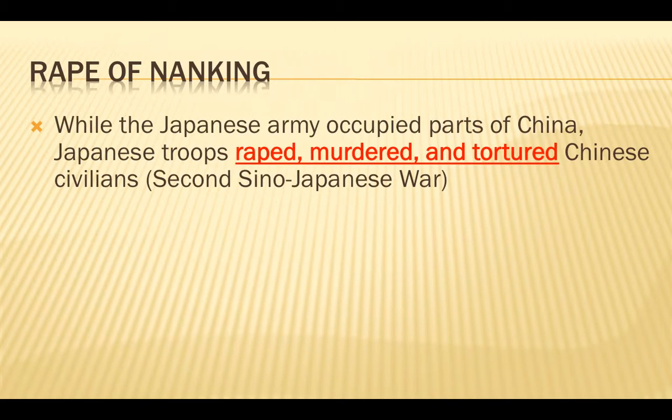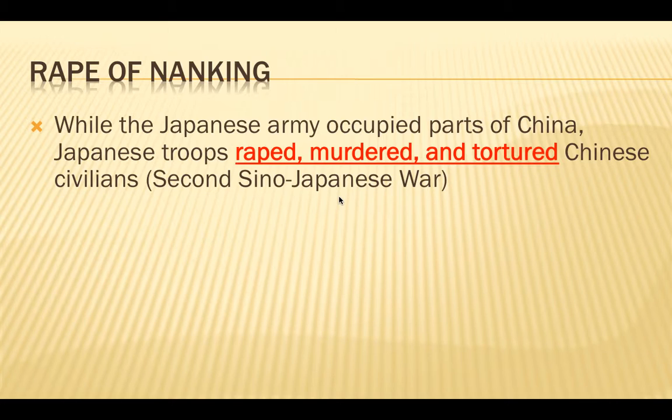One of the other things that happens is something referred to as the Rape of Nanking. This is while the Japanese are occupying China. The Japanese troops go in, they rape, murder, and torture Chinese civilians. This is sometimes referred to as the Second Sino-Japanese War.